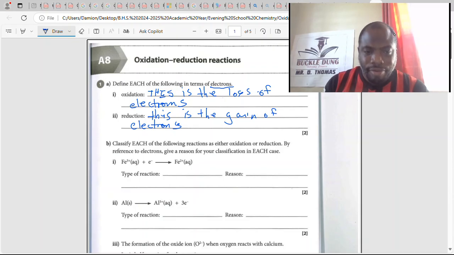What happened to it? If I'm at Fe3 plus and I become Fe2 plus, what happened to me? We gain back one electron. And the gain of electrons is reduction.